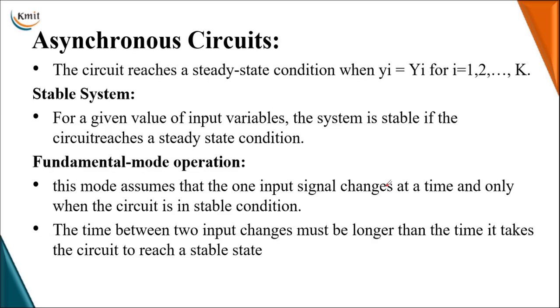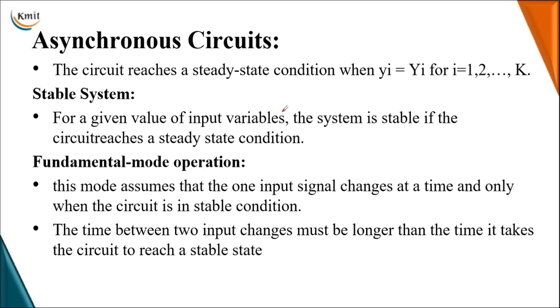Now here we can have a stable system in asynchronous circuits when we have excitation inputs as well as secondary inputs, so that yi is equal to capital Yi for i equal to 1, 2, and so on. The next states behave like present states for future inputs applied to the asynchronous sequential circuit.